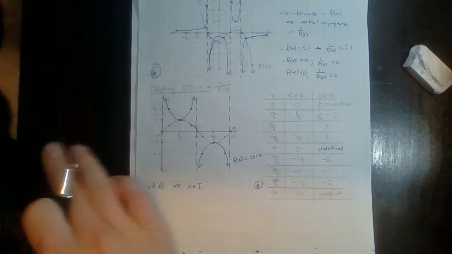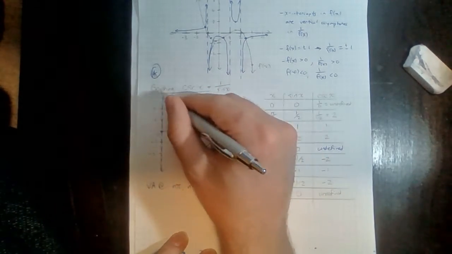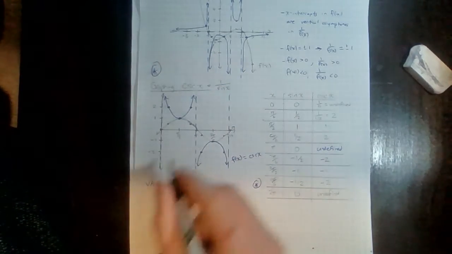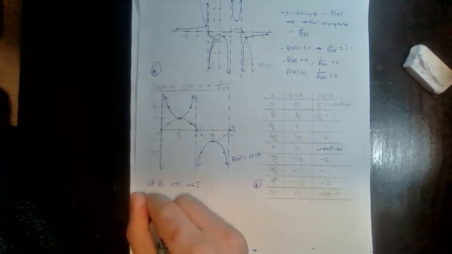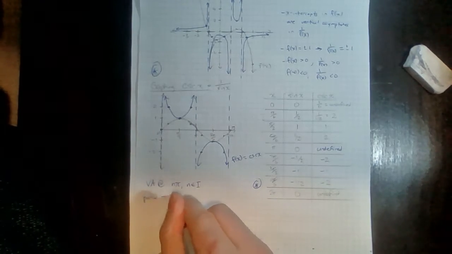The period of this function, we're going to repeat this pattern of this kind of parabolic shape going up, parabolic shape going down, every 2 pi. So we still have a period of 2 pi, similar to the sine function.